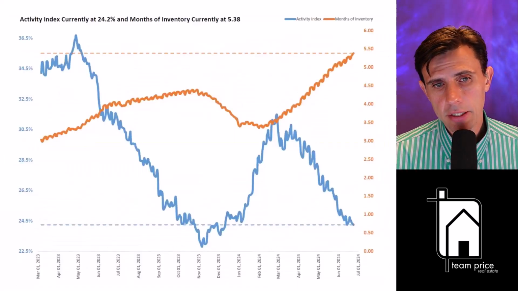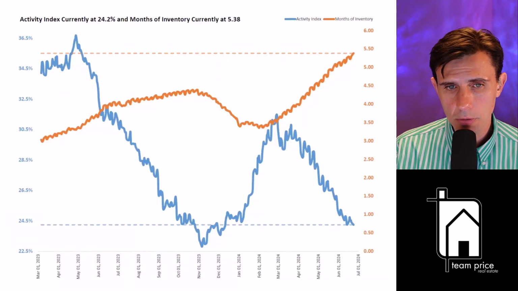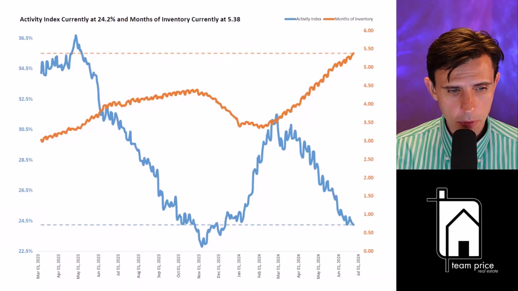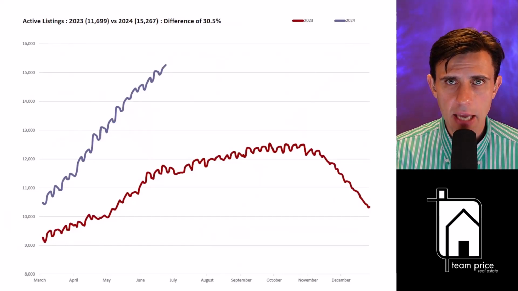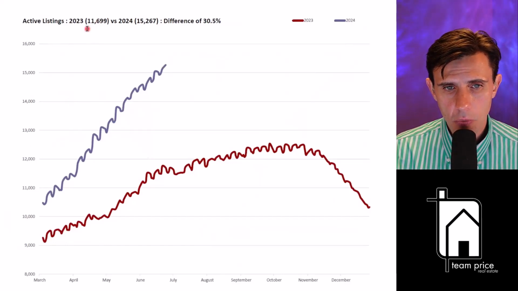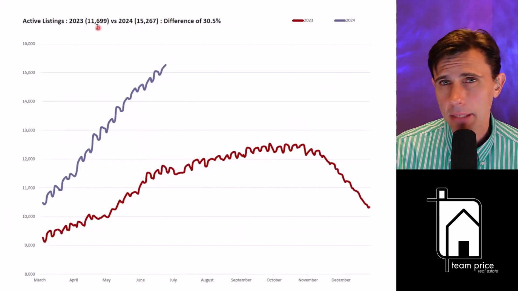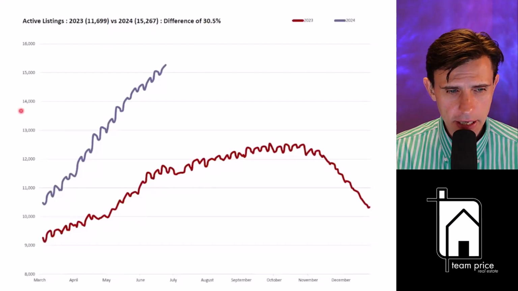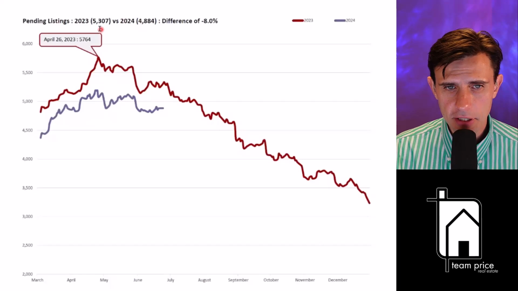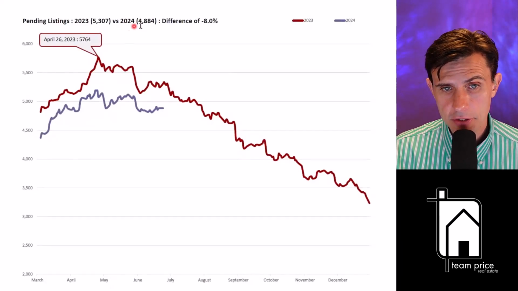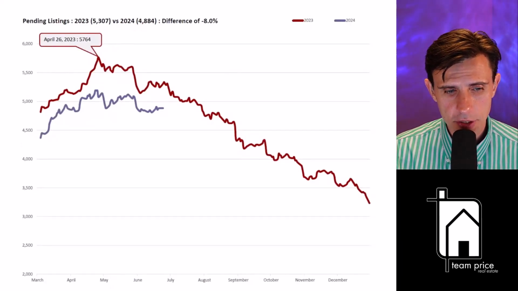When you look at the activity index at 24.2, months of inventory at 5.38, inventory is up 30.5% year over year. Exactly the same time last year, we had 11,699 active listings, exact same day. Today, we have 15,267. On the pending side of things, we had 5,307 last year, 4,884 this year.